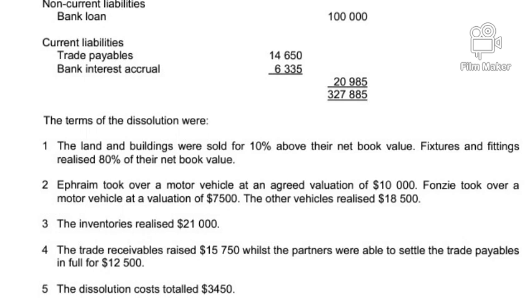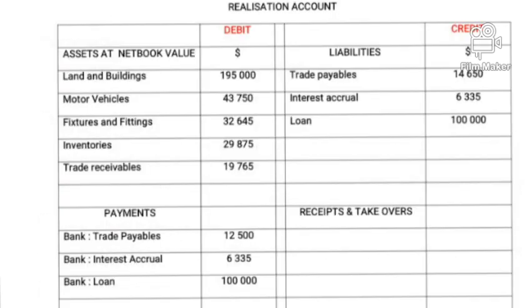So I'm going to write interest accrual 6,335 under payments. I'm also going to write the bank loan to record the payment of 100,000 to make sure that all liabilities are settled.